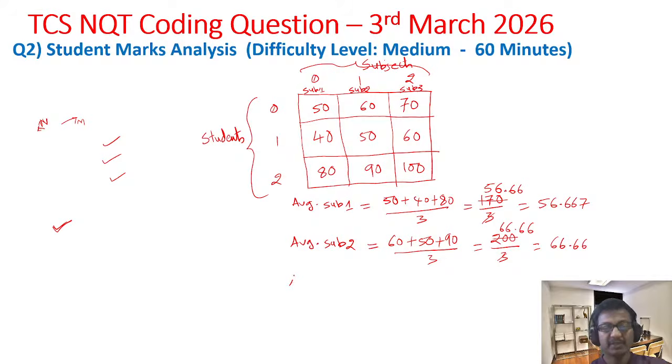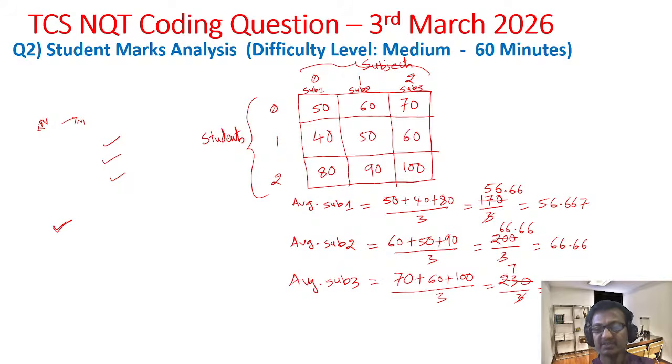Then we calculate the average marks for subject 3. This is 70 plus 60 plus 100, and the whole divided by 3. 70 plus 60 is 130, plus 100 is 230, divided by 3.